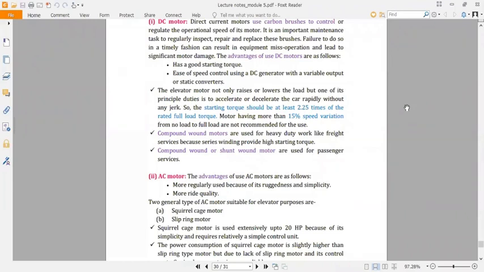One disadvantage, or limitation, you can say, is that by using the carbon brush for controlling or regulating the speed of the motor, we need to be very careful about the friction with this carbon brush.